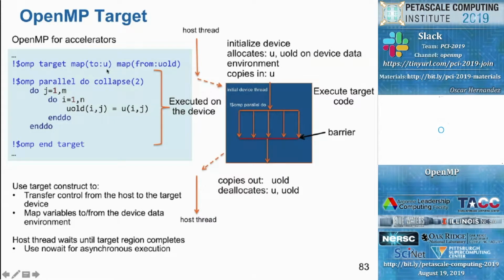You scope the region of computations that you want to offload to a device, and then specify the data that you want to move to the device, or the data you want to copy back from the device to the host. If you have a traditional OpenMP parallel do and you put OMP target around it, then you start accomplishing that goal, where that target will do an initialization of the device.